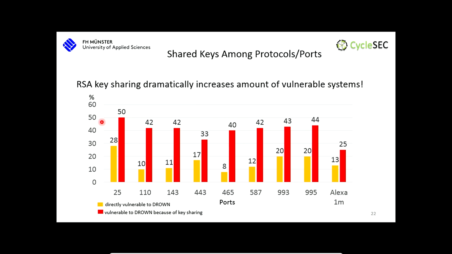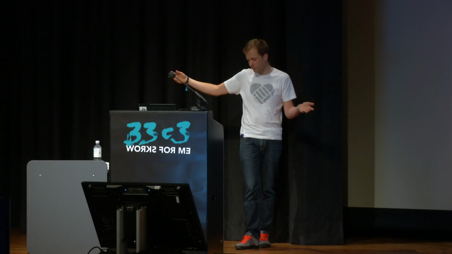So we had, let's say for port 25, 28% of all the SMTP servers that support encryption on the internet were vulnerable to DROWN. Now, when we extend this attack and say, okay, we have this system here and we want to attack it. The system itself is not vulnerable to DROWN, but the public key is used on some other system on the internet on a different port. We can do the attack there.